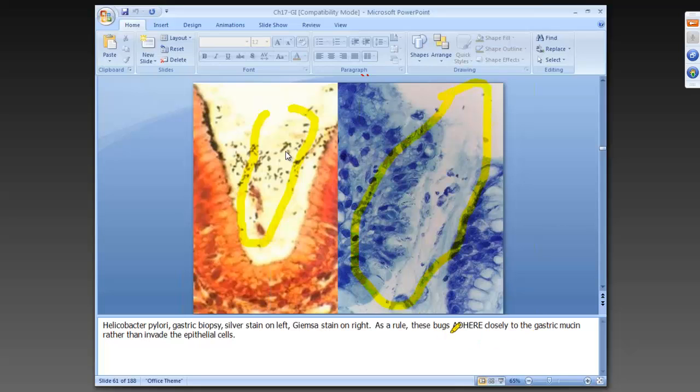These bugs adhere closely to the gastric mucin rather than invading the epithelial cells. Kind of a very selective bacteria, if you consider the mechanism of action and the way it decides to destroy the stomach mucosa.